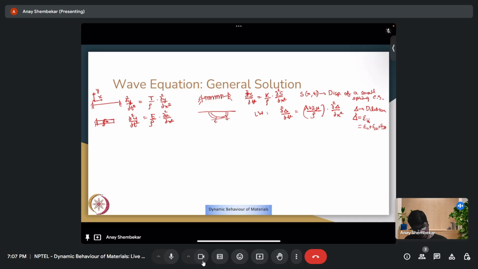If we think of this in the form of a general second order PDE, what we end up with is a ∂²/∂x², it should be grad squared, plus b times ∂²/∂x∂t plus c times ∂²/∂t² and some other terms going to 0.